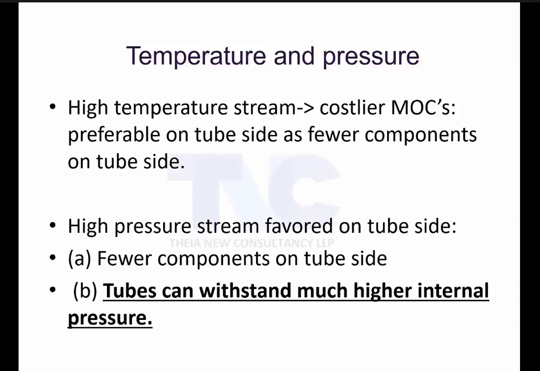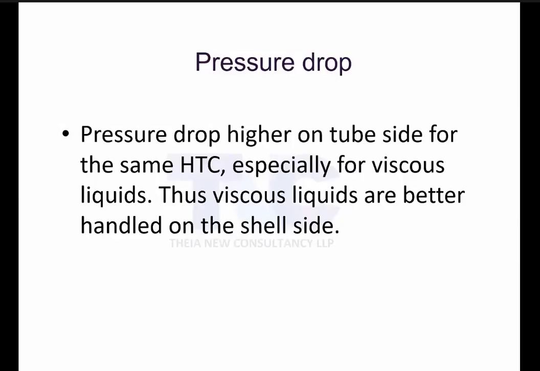At the same time, the tubes are also exposed, so tubes will also be affected. So it is generally recommended that very high pressure fluids be sent to the tube side. Again, remember, this is a rule of thumb: tubes can withstand higher internal pressure than the shell. This is one of the main reasons we send high pressure fluids to the tubes.